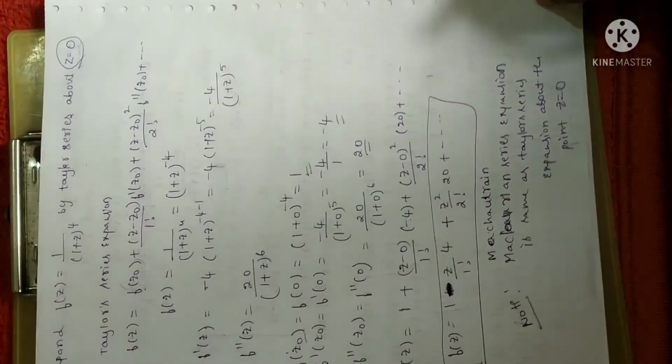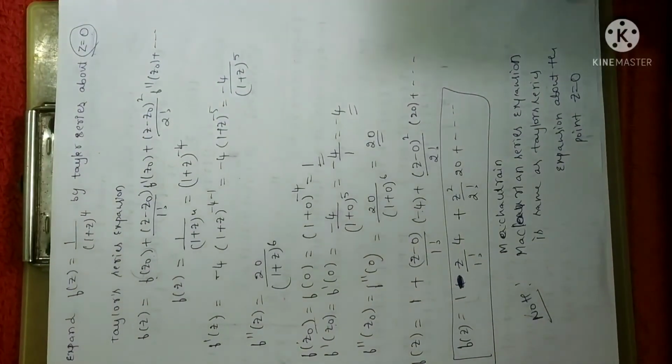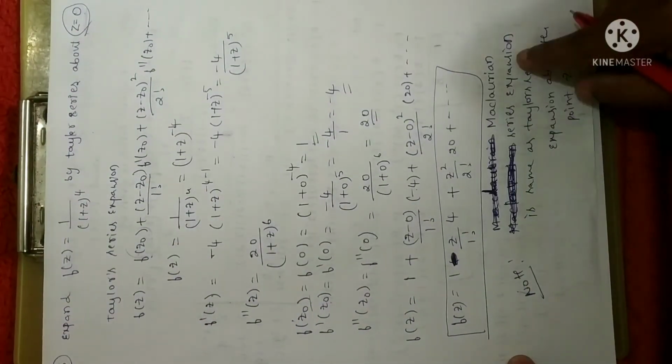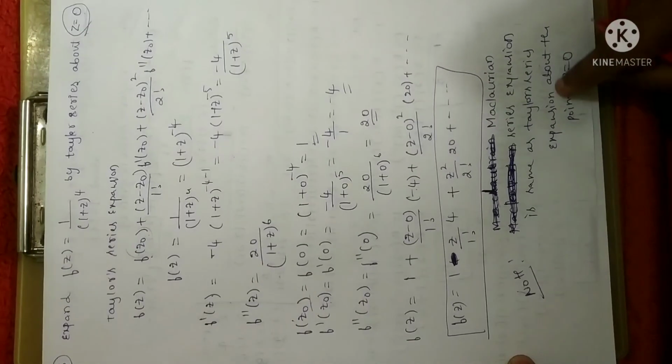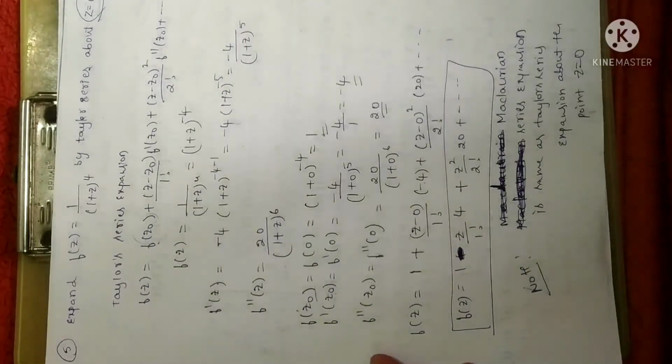So I hope this problem is clear. You just take a screenshot and copy it to your notes. Maclaurin series expansion is the same as Taylor series expansion about the point z is equal to 0.